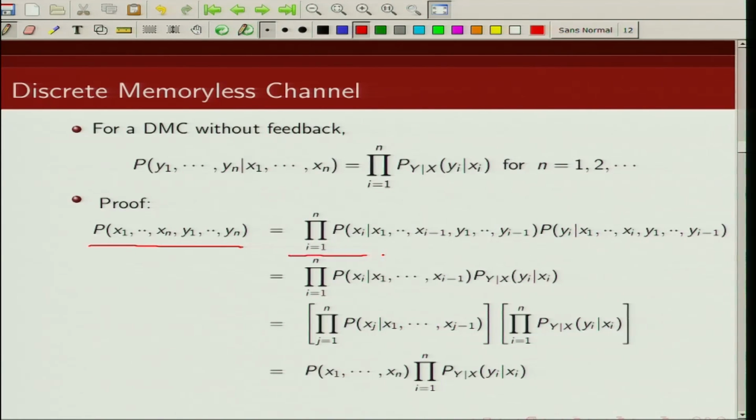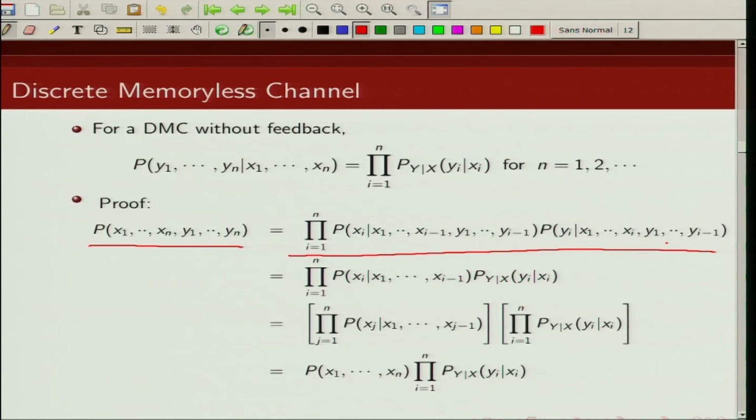This can be written as the product, with i going from 1 to n, of the probability of x_i given x_1, x_2, up to x_{i-1}, y_1, y_2, up to y_{i-1}, times the probability of y_i given x_1, x_2, up to x_i, y_1, y_2, up to y_{i-1}.